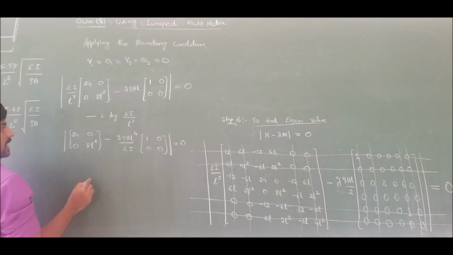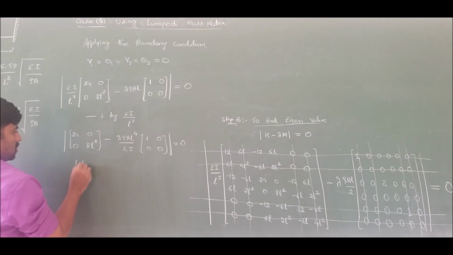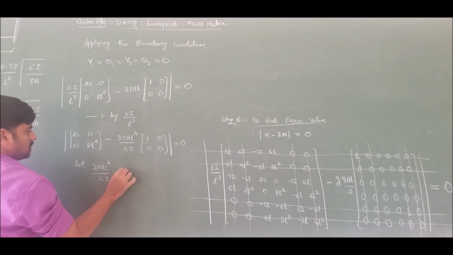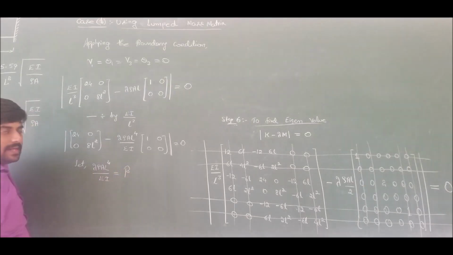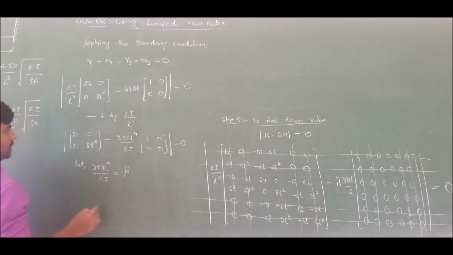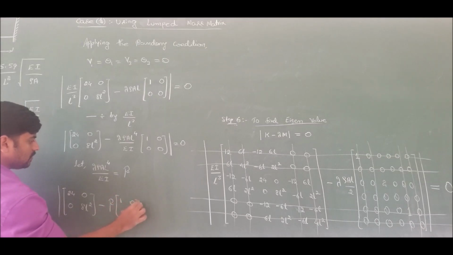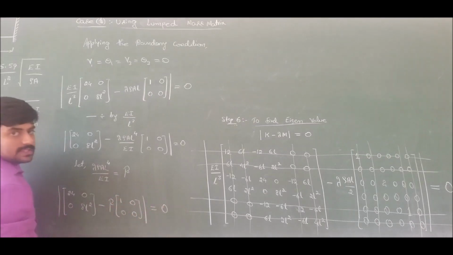Now let us take this value as beta. Let lambda rho A L to the power of 4 by EI be beta. So substituting, I will get the determinant of [24 0; 0 8L²] minus beta times [1 0; 0 0] must be equal to 0.